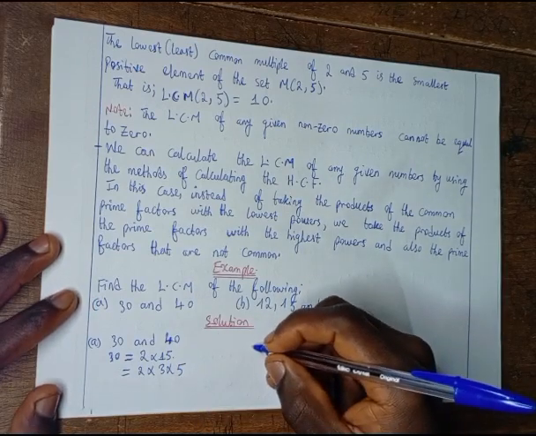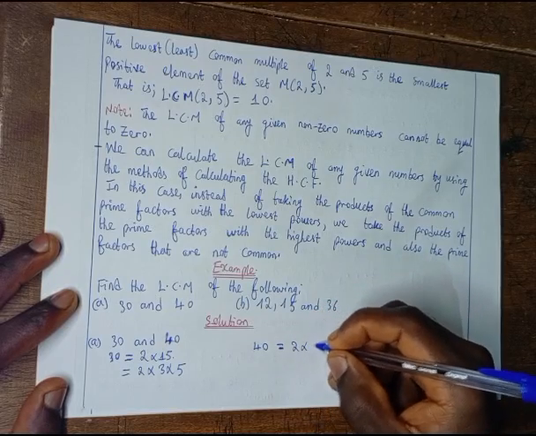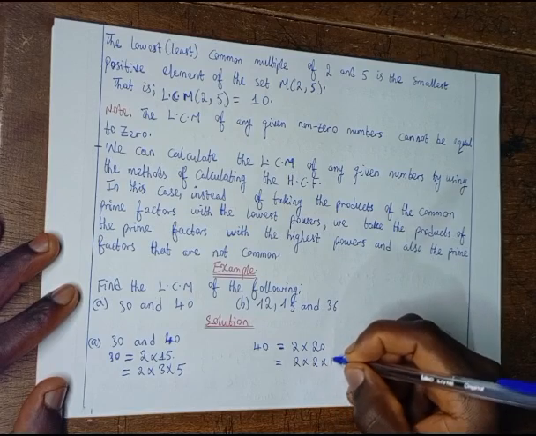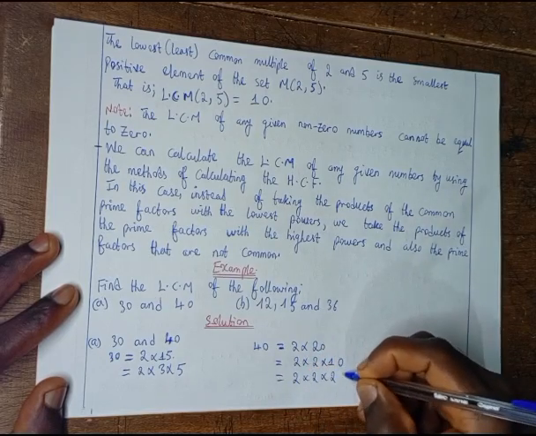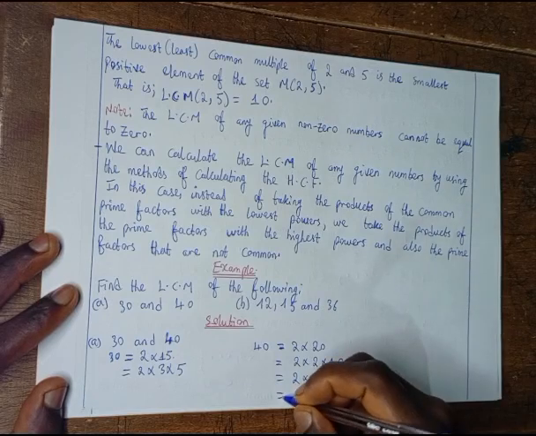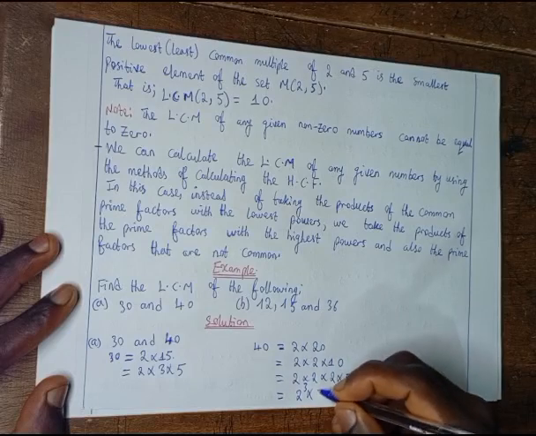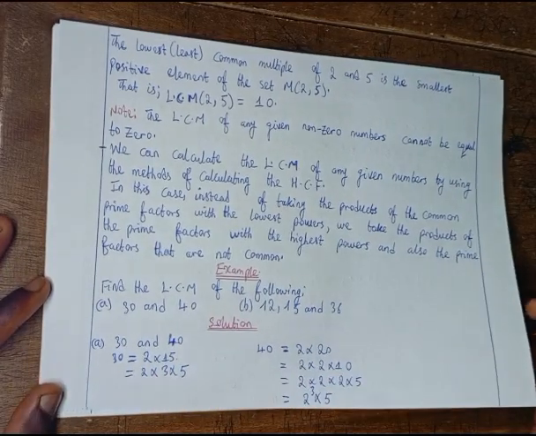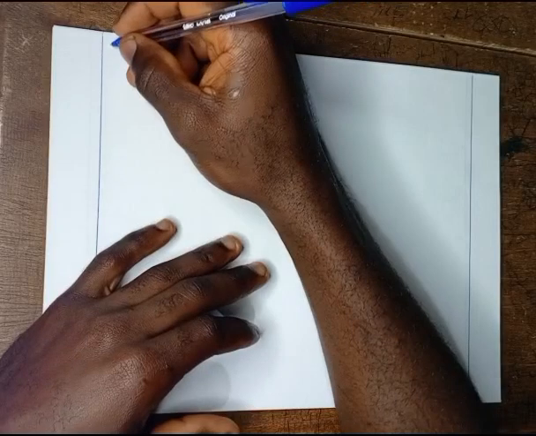Next, let's take 40. We know 40 is the same as 2 times 20, which is the same as 2 times 2 times 10, which is the same as 2 times 2 times 2 times 5, which is the same as 2 raised to the power 3 times 5. So these are the prime factorizations of the numbers 30 and 40. Now we need to find the LCM of the two numbers.